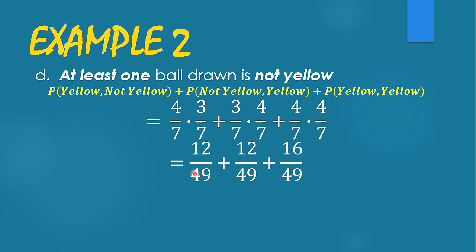This is equal to 12 over 49 plus 12 over 49 plus 16 over 49, or 40 over 49. Or 40 divided by 49 is equal to 0.82, or that is equal to 82%.